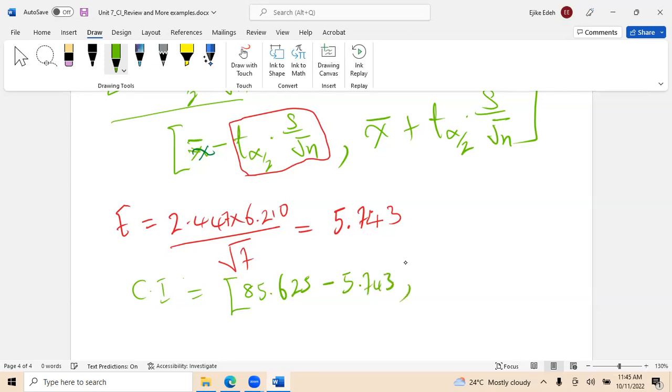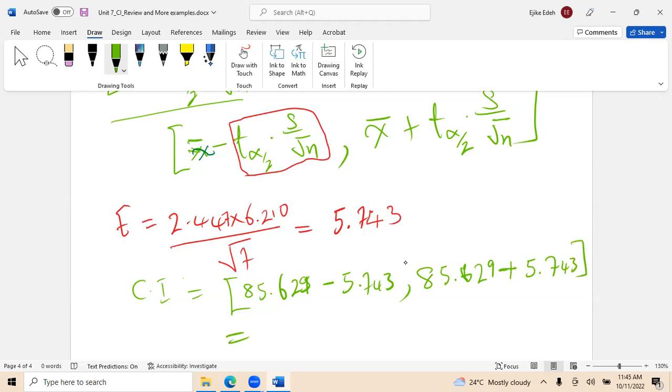That will give us the lower band. For the upper band, we have the same mean, 85.629, plus the margin of error, 5.743.